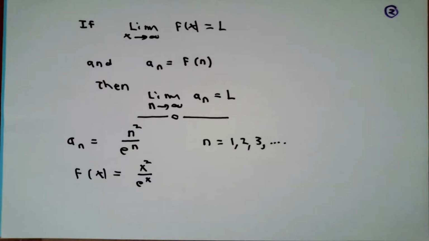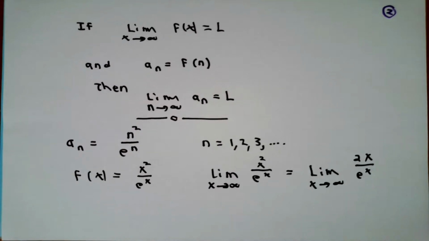So I'll think of the ordinary function f of x equals x squared over e to the x, with the idea that x can be any real number, and that I'm interested in what happens when the x becomes very large. Since both x squared and e to the x become indefinitely big as I allow the x to increase, I have an indeterminate form of type infinity over infinity, and I can do L'Hopital's rule to it.